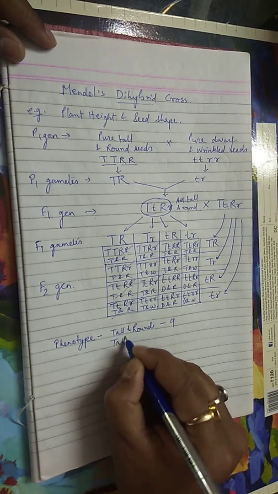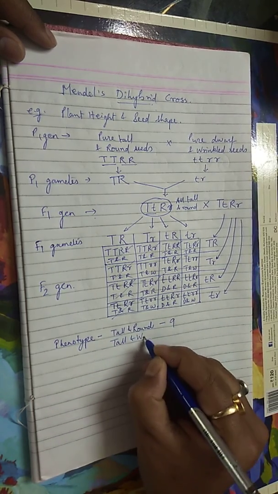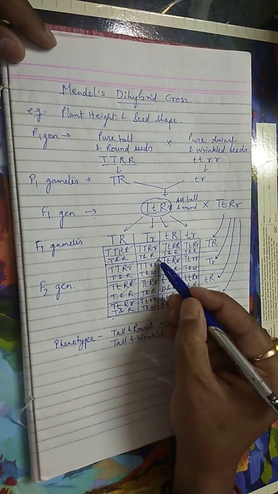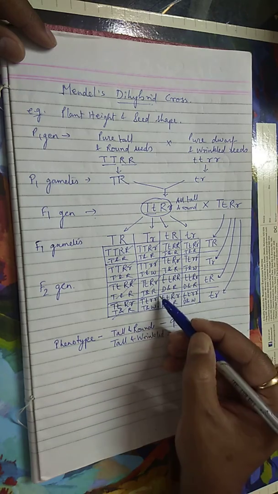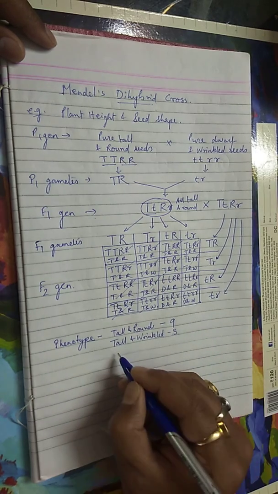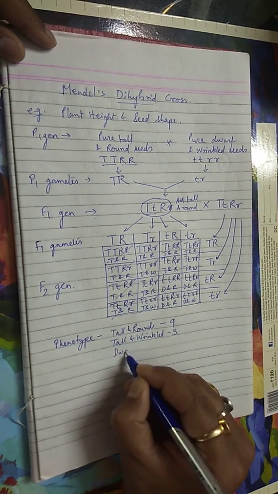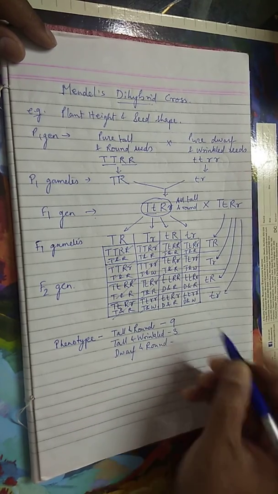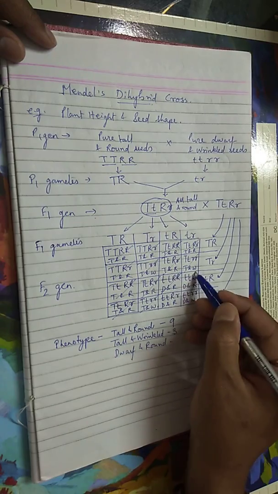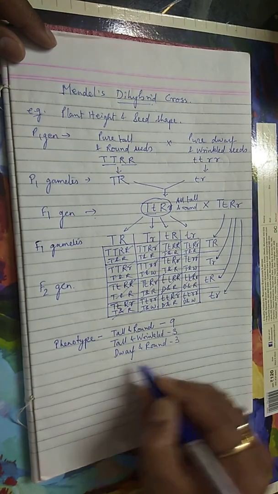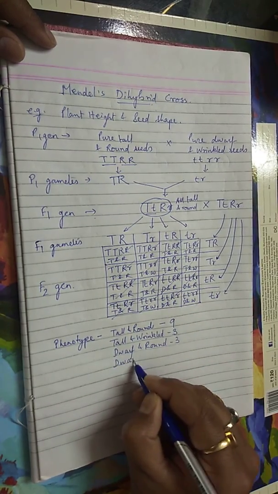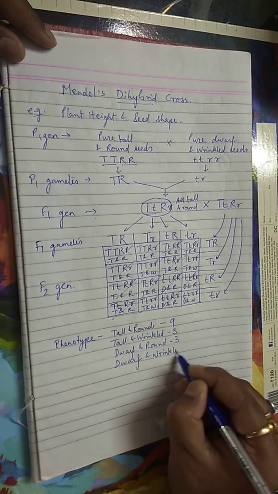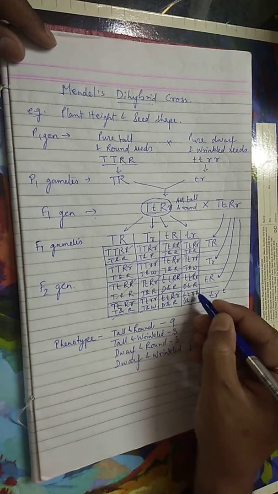Then we have tall plants producing wrinkled seeds: 1, 2 and 3. Then we have dwarf plants producing round seeds: 3. And at last we have dwarf plants producing wrinkled seeds. That will be 1.